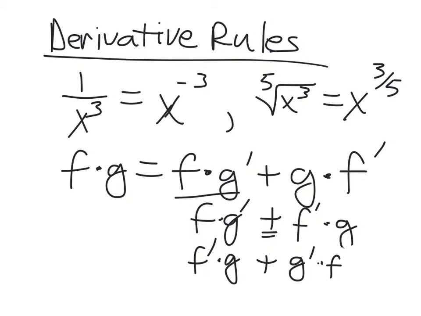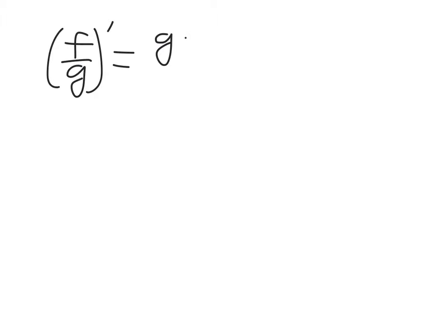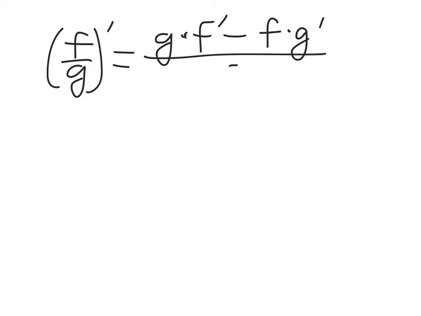So then next we have the quotient rule. And the quotient rule, now this one is very specific, and the order is important because we have a minus. Subtraction is not commutative. So we do start with the bottom times the derivative of the top minus the top times the derivative of the bottom all over the bottom squared.